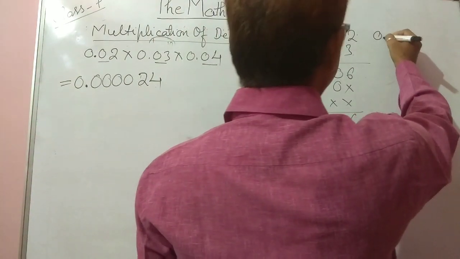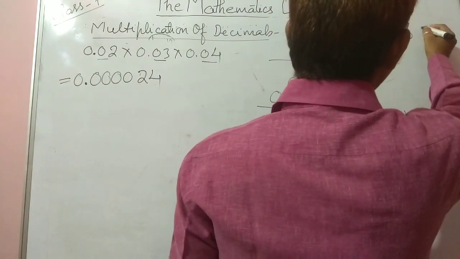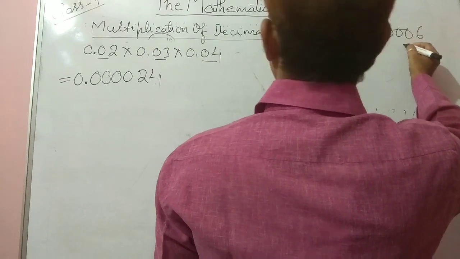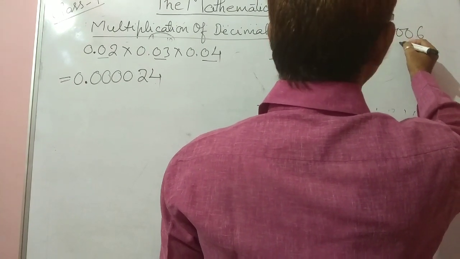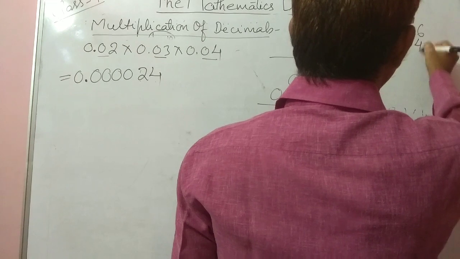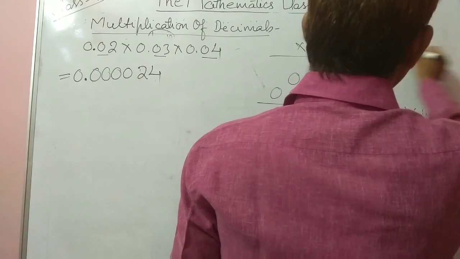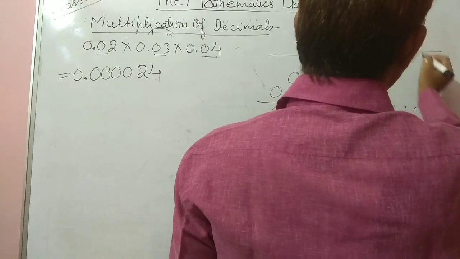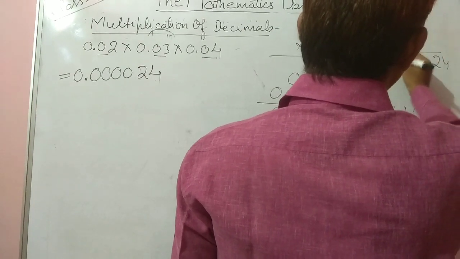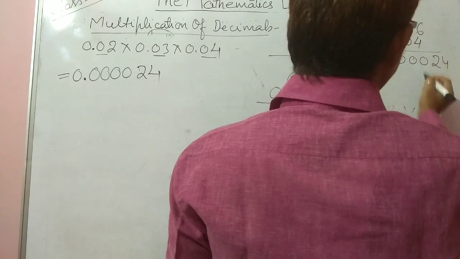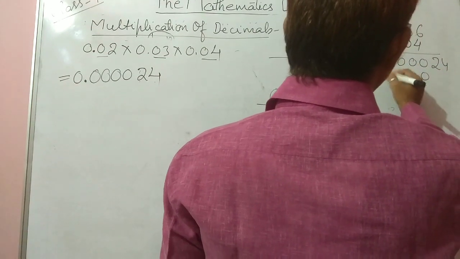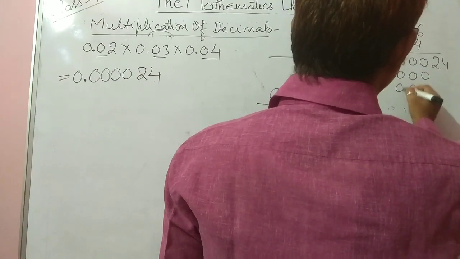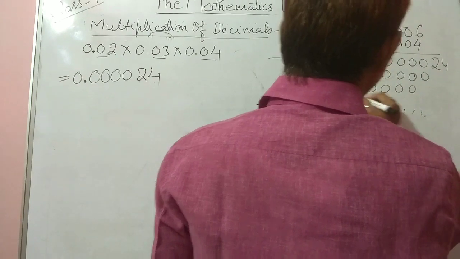Now let's multiply this by 0.04. So I am doing it here: 0.0006 into 0.04. When you multiply, 6 4s are 24, and then we count the remaining places: 1, 2, 3, 4, 5.